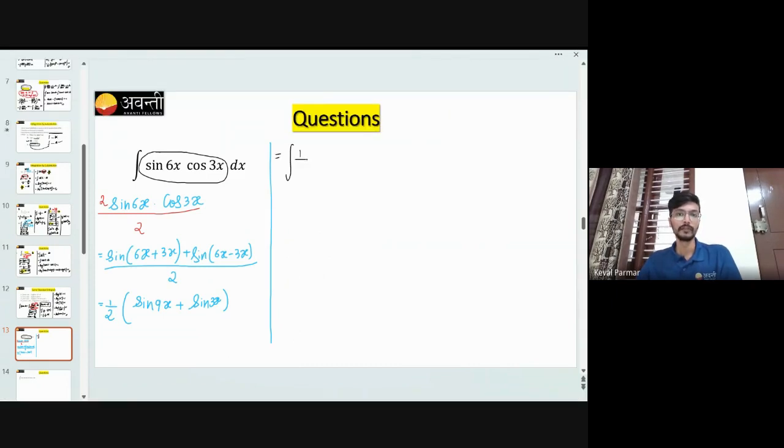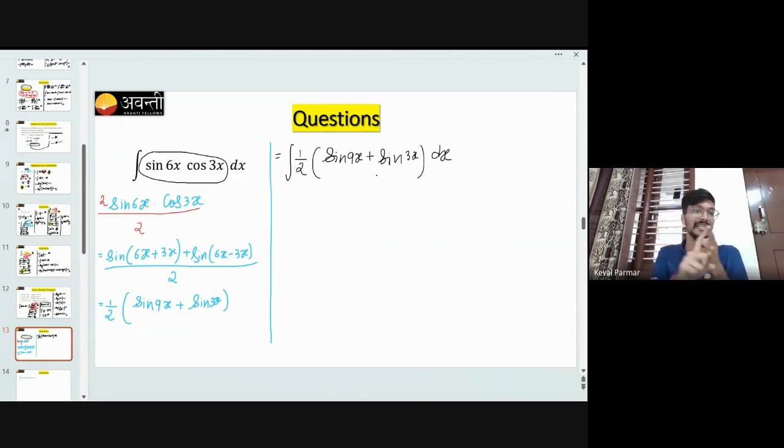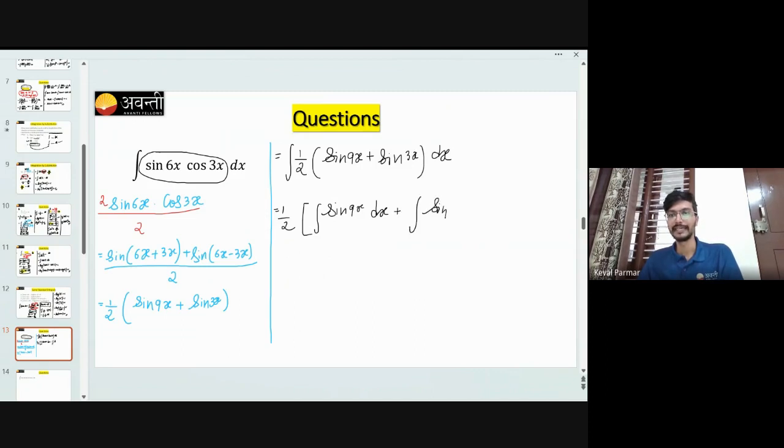Okay, so that means my question will look like integration of 1 by 2 (sine 9x plus sine 3x) dx. I hope you are understanding. Now this is an integrable form. We'll use both rules, the addition rule and the constant rule. So 1 by 2, I will get integration of sine 9x dx plus integration of sine 3x dx.